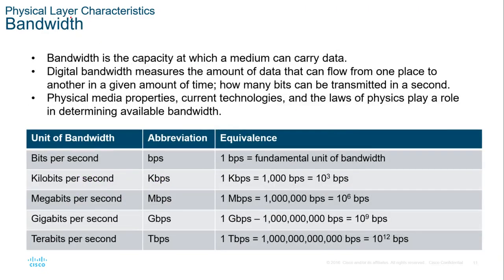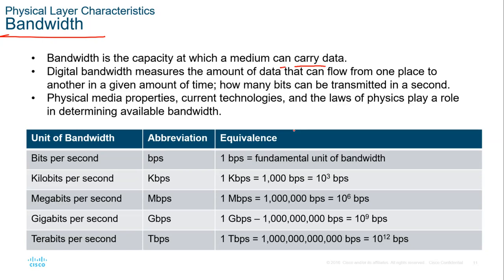So we have what you call bandwidth. Bandwidth is the capacity at which a media can carry data. Digital bandwidth measures the amount of data that can flow from one place to another in a given amount of time. How many bits can be transmitted in a second?